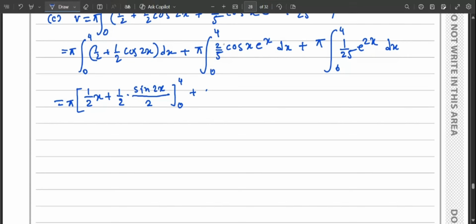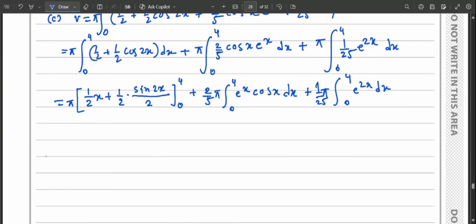So I can write 2 by 5 before the integration sign. So 2 by 5 pi with the integration of e to the power of x cos x dx. And the last term can be simplified to 1 by 25 pi, from 0 to 4, e to the power of 2x dx.